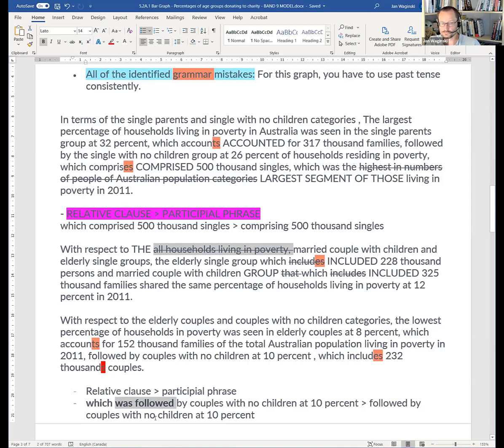Is that crystal clear for everyone? Okay. So if you've got a passive voice verb after which, in a relative clause, it's even easier than the previous transformation. You just get rid of "which was." And it's the third form of the verb. Follow, followed, followed.